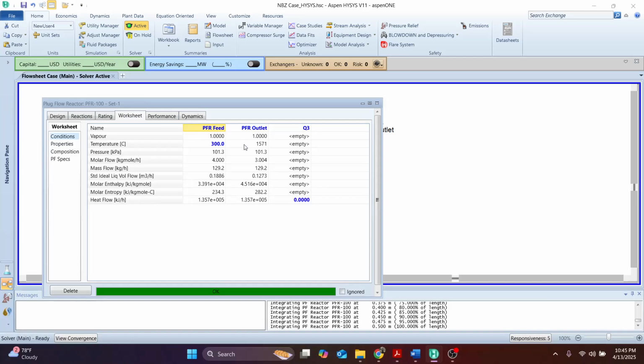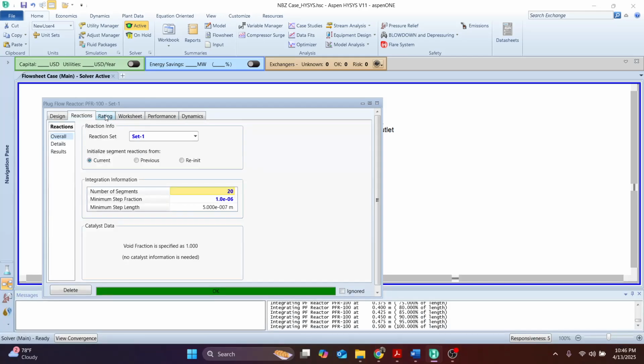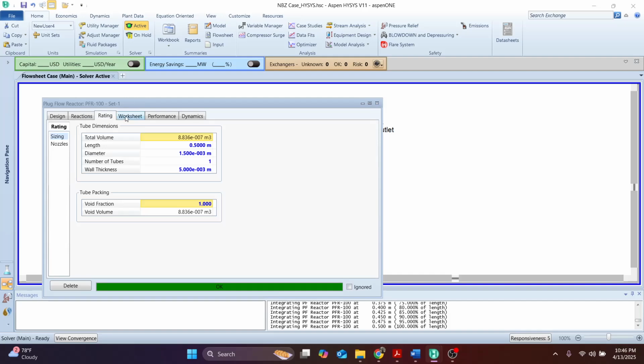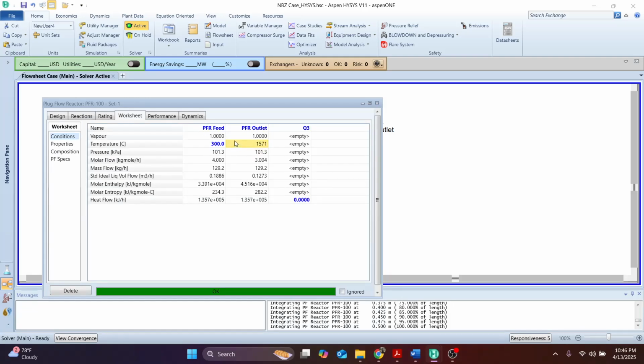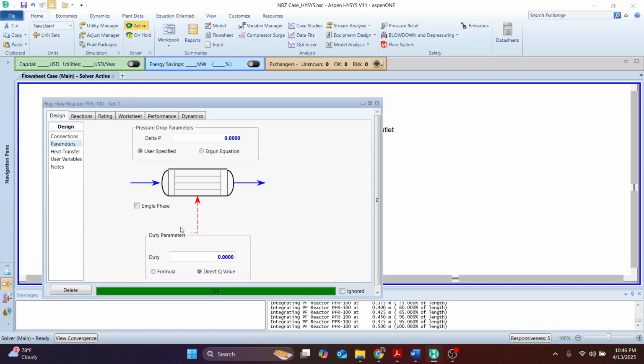This is kind of dumb, but if the temperature of the outlet exceeds 1571 degrees, most likely your pipe will melt to the ground. So you must keep the temperature around 300. There is no temperature change, because the reaction also says it doesn't change.